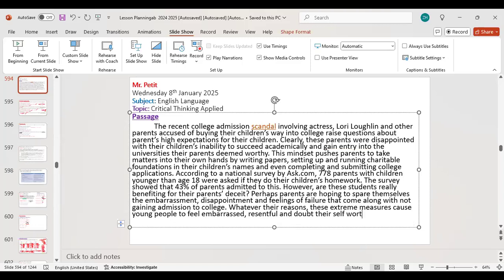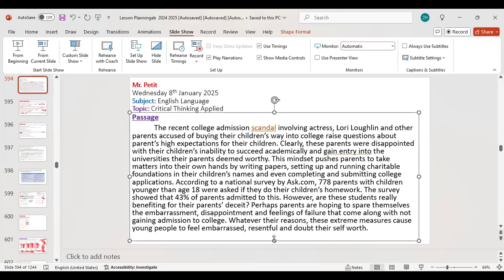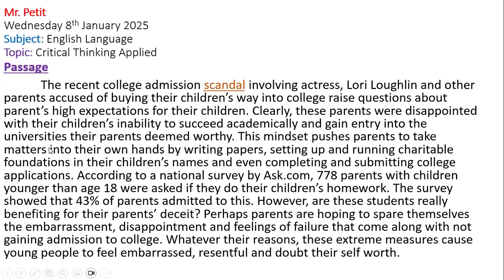So basically the author is saying that because of the high expectations of the parents, and the children feeling that they are not going to be able to meet them, they feel embarrassed, resentful, and doubt their self-worth.